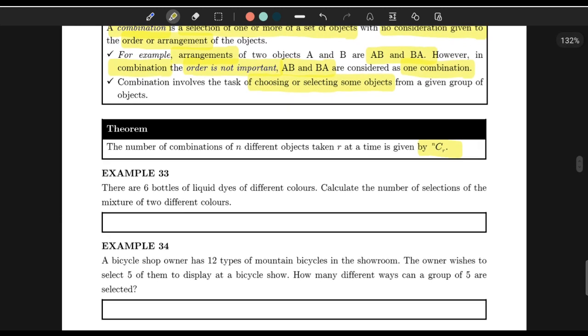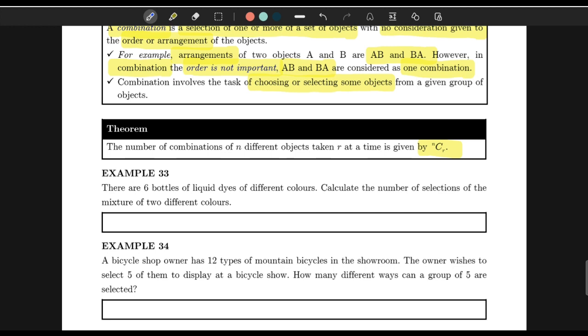Example 33. There are 6 bottles of liquid dyes of different colors. Calculate the number of selections of a mixture of 2 different colors. Now we have 6 bottles and we want to select 2 different colors.